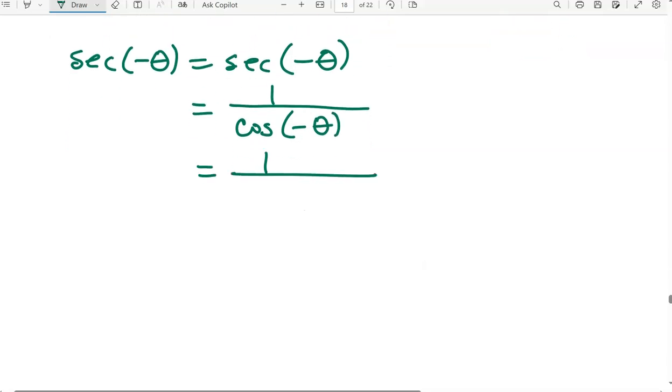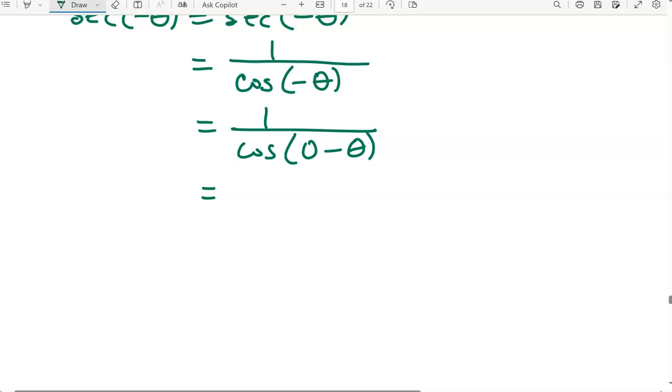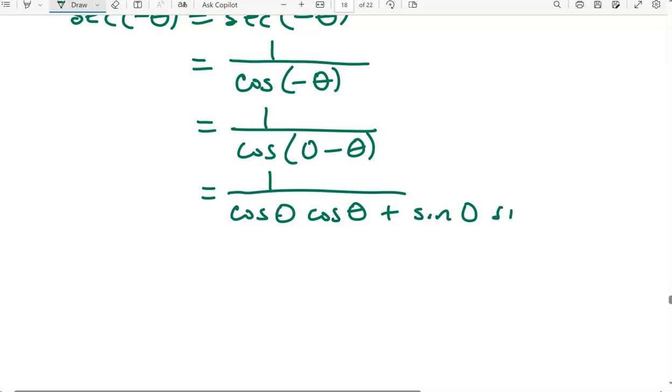And cosine of the opposite of theta is the same as cosine of 0 minus theta. And cosine of 0 minus theta is cosine 0 cosine theta plus sine of 0 sine of theta.